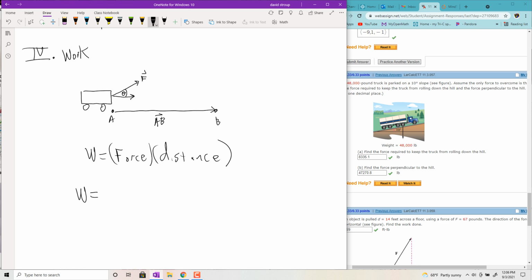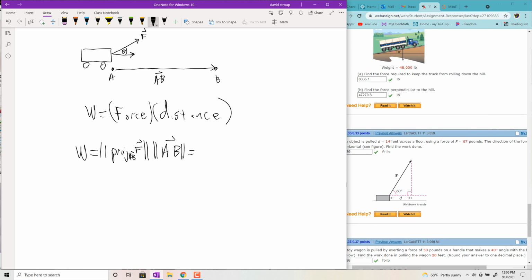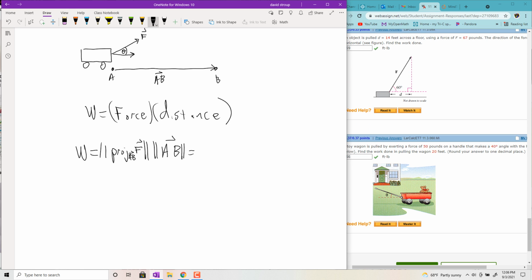So work will equal the magnitude of the projection of the force onto this direction vector times the magnitude of the direction vector. Then we can use all of our identities with cosine theta from above to get different forms for this work. Usually the problem comes down to picking the most appropriate form for the question that's given. You even get a little wagon problem in the homework.